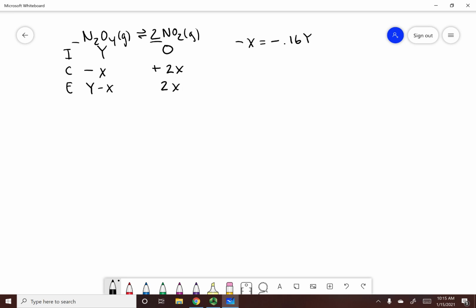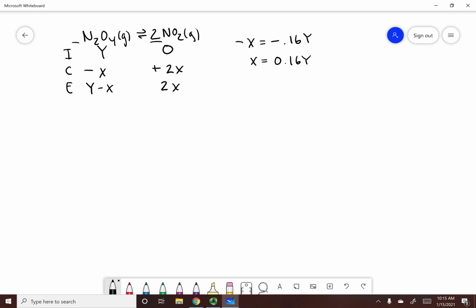But because of the ideal gas law, a 16% loss by moles is equivalent to a 16% loss in pressure. So what this tells us is that X here is 0.16 Y.